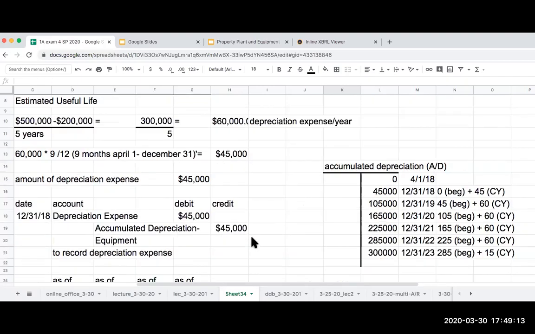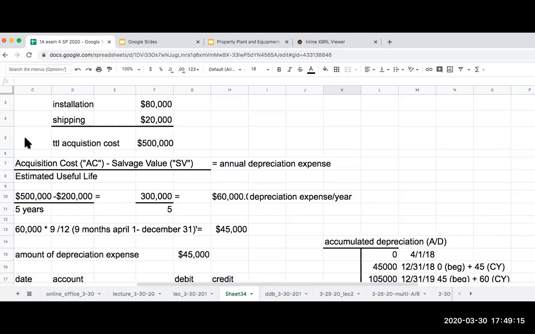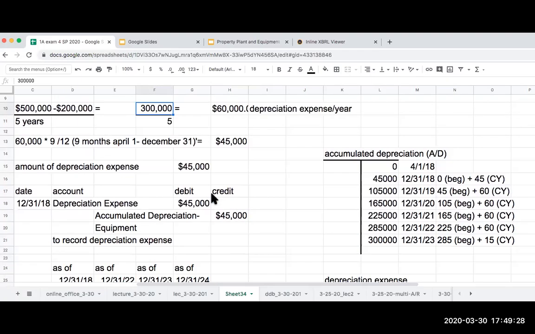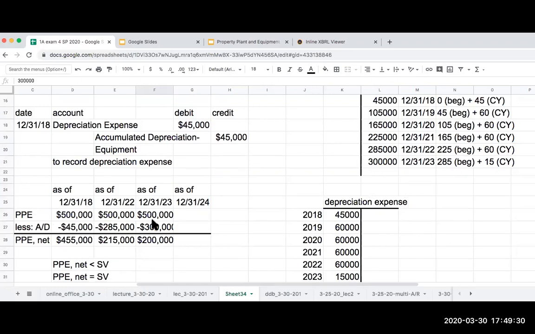And if you think about it up here, what are we really doing? The acquisition cost minus the salvage value divided by the estimated useful life. Well, this gives us our annual depreciation expense, but this is the most amount of depreciation that we can actually take for this asset. So right over here, we've got as of 12/31/23. So what about 12/31/24?